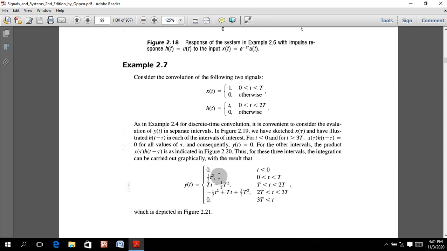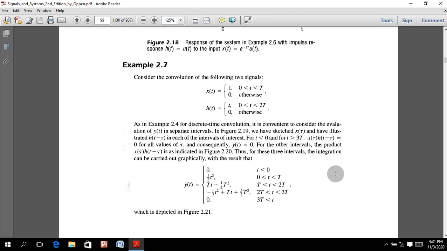The result of this specific example is 0 for t less than 0, half t square for t from 0 to T, then capital T into small t minus half capital T square for small t between capital T and twice capital T, and a further expression for small t between twice capital T and thrice capital T, and it will be 0 after thrice capital T. This specific example has been shared in this book.